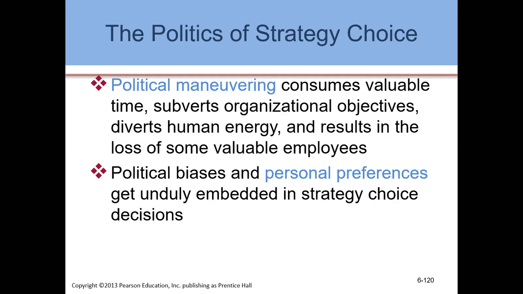It is said that political maneuvering consumes valuable time, subverts organizational objectives, diverts human energy, and results in the loss of some valuable employees. Remember that political biases and personal preferences get unduly embedded in strategy choice decisions.